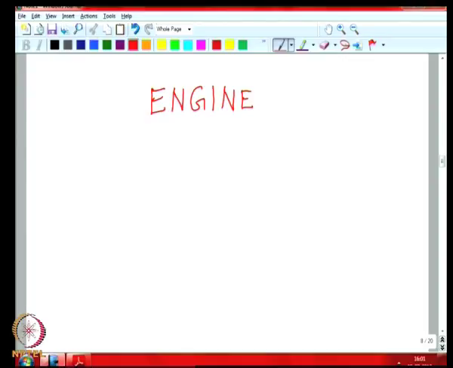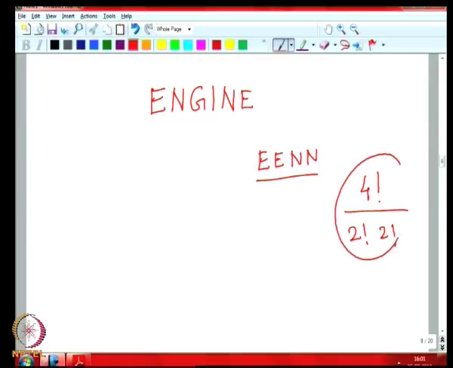The point is, you can pick possibly these 4 letters and then you can do it in 4 factorial ways, or you can take E, E, N, N. These 4 letters you can take out of that, and then you do not have 4 factorial, actually 4 factorial by 2 factorial into 2 factorial ways to permute these things, because 2 letters here are the same, 2 letters there are the same.